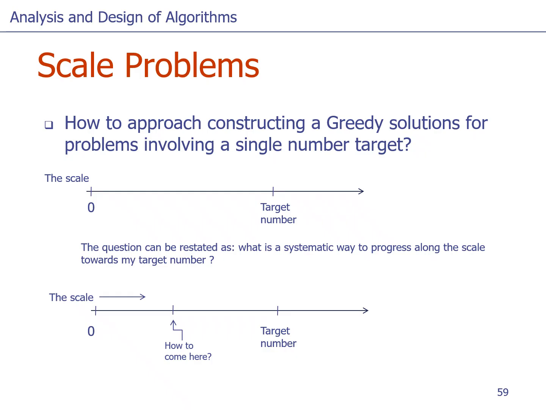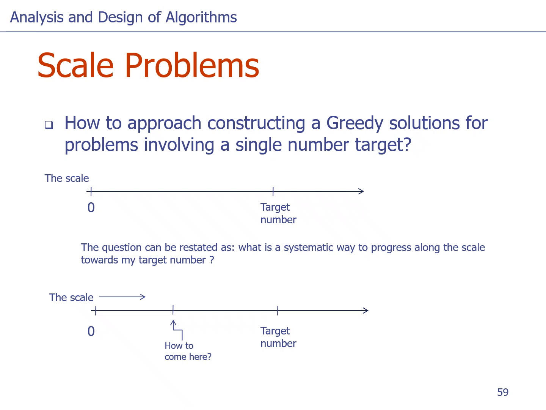This is the essence of this problem. So I'm starting at 0 and I will reach the target number by picking values between 0 and the target number and adding them up to sum up to the target.